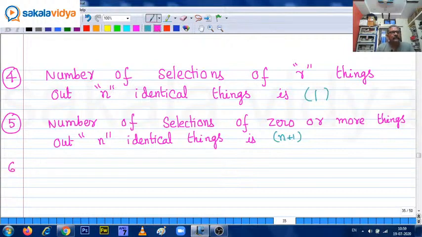Next, sixth one. These are very important, so I will discuss them later.